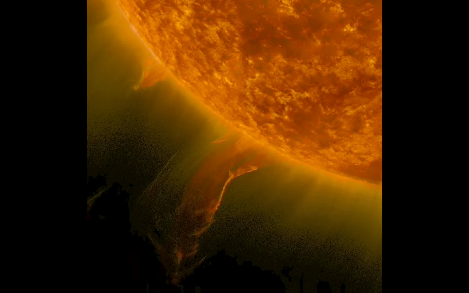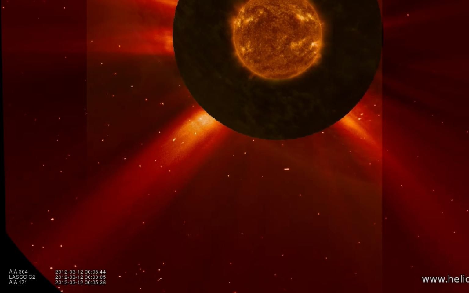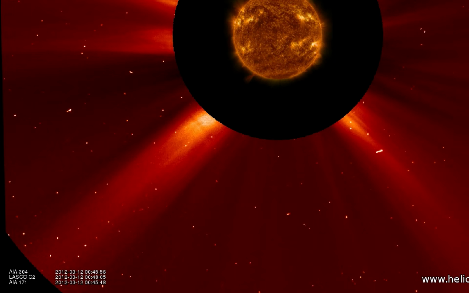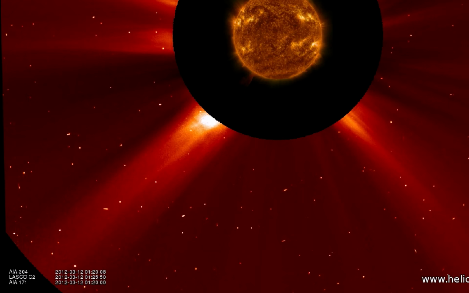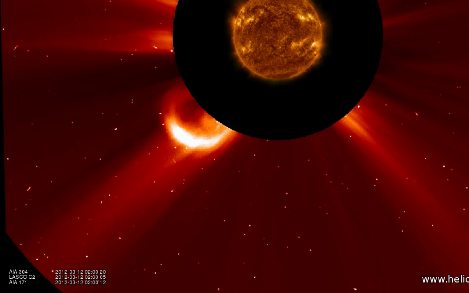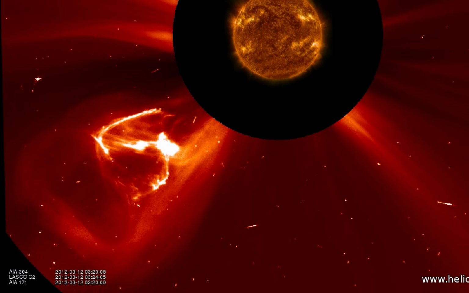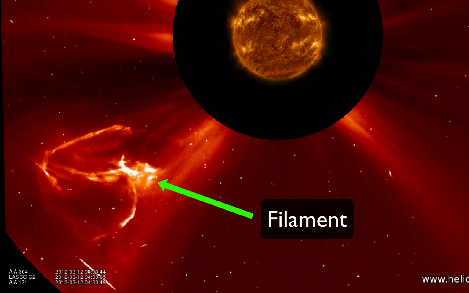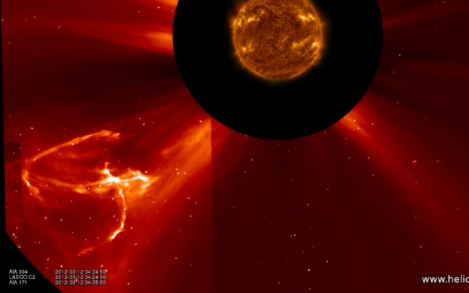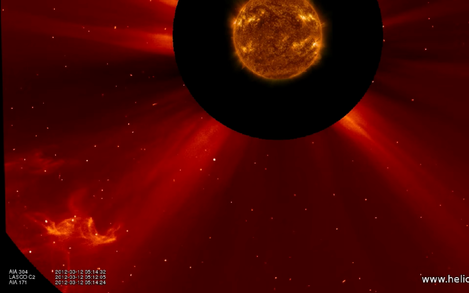So when the CME actually erupts, as we'll see in this video, the whole structure comes out, and you can actually see this cavity as it's moving out. So at the very edge, there's the cavity, and then we see the filament itself, okay, the filament material.